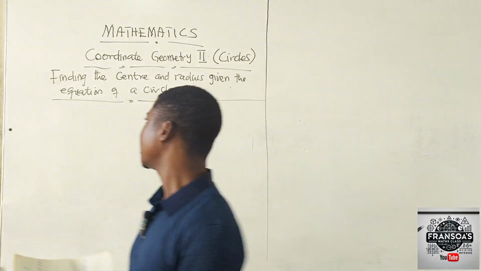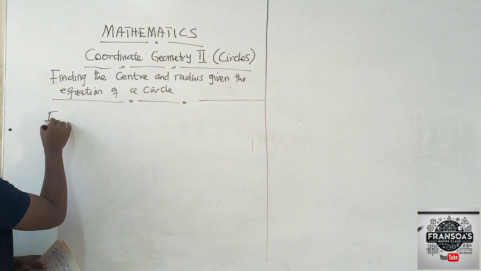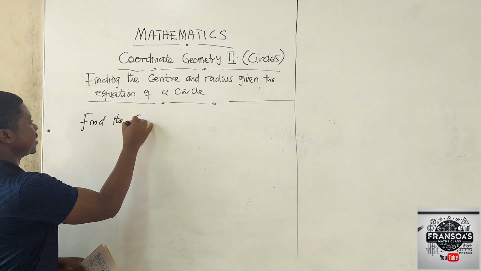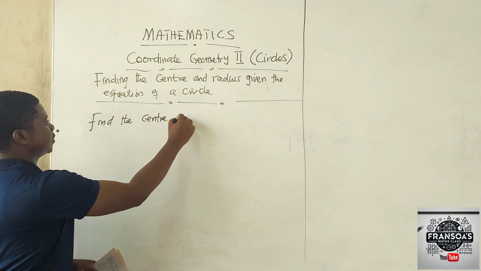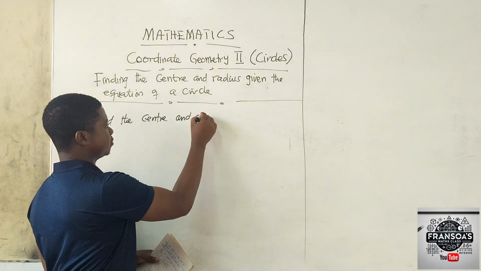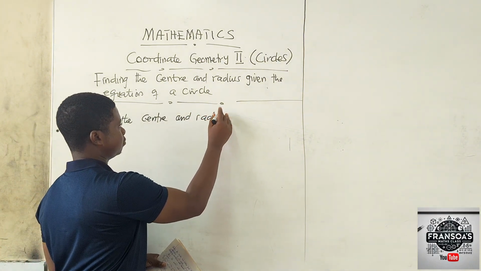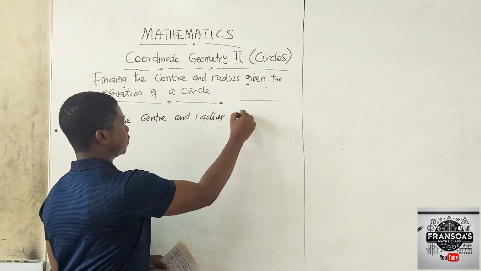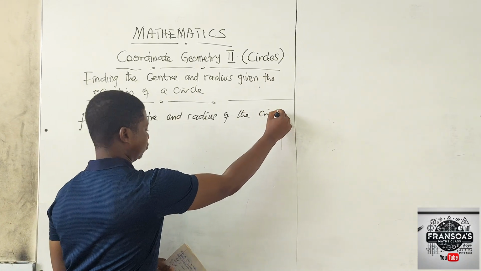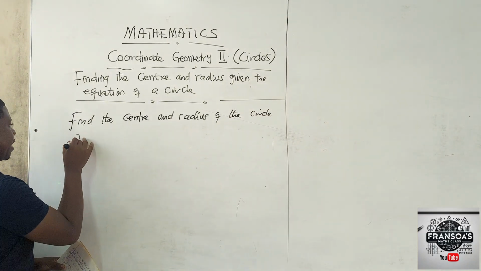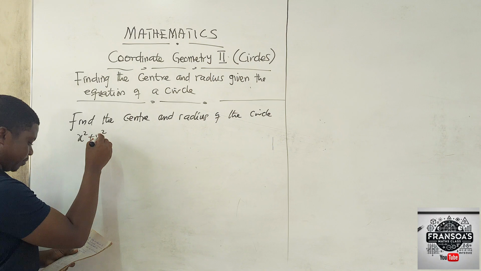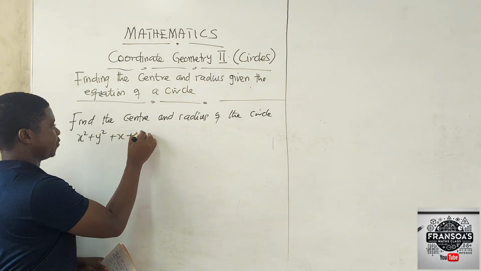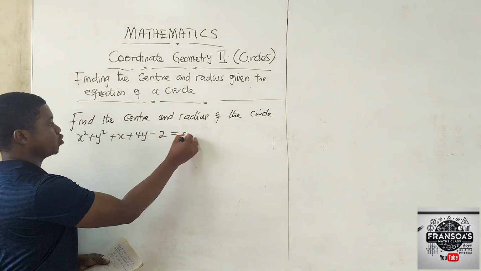So our question is, you are supposed to find the center and radius of the circle x squared plus y squared plus x plus 4y minus 2 equal to 0.